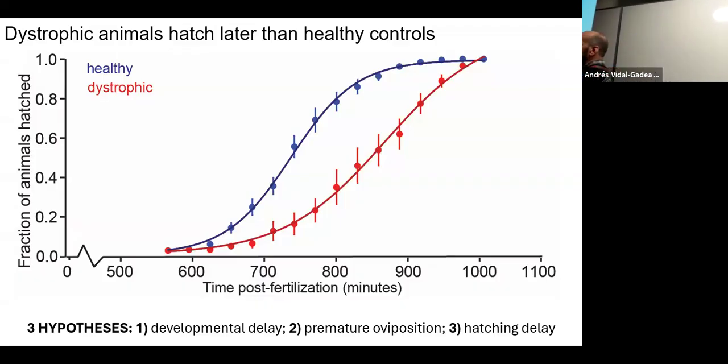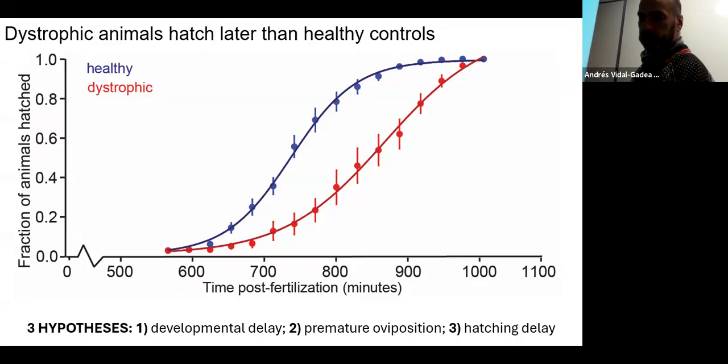So maybe they're supposed to be laying the eggs at 150 minutes post-fertilization. If she lays those eggs earlier than that, the egg will have to cook outside of the animal longer, right? And so maybe that's why. And the third idea would be maybe these animals are struggling to hatch, and maybe they are not strong enough to break the eggshell and get out, right?